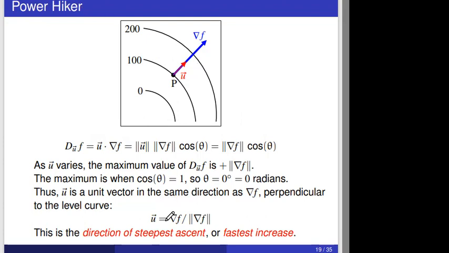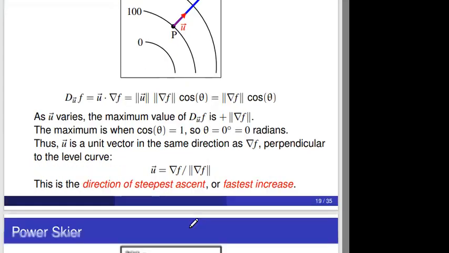So this is the direction. If you have this direction, how do you find the unit vector? You have to divide it by its magnitude, right? So this is the direction of steepest ascent, or fastest increase.